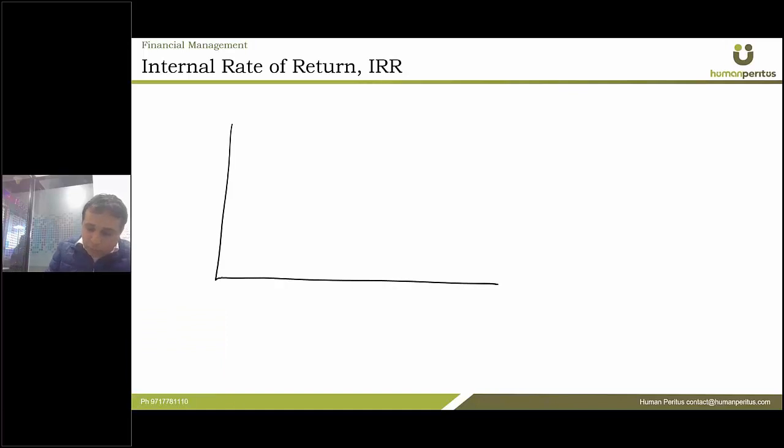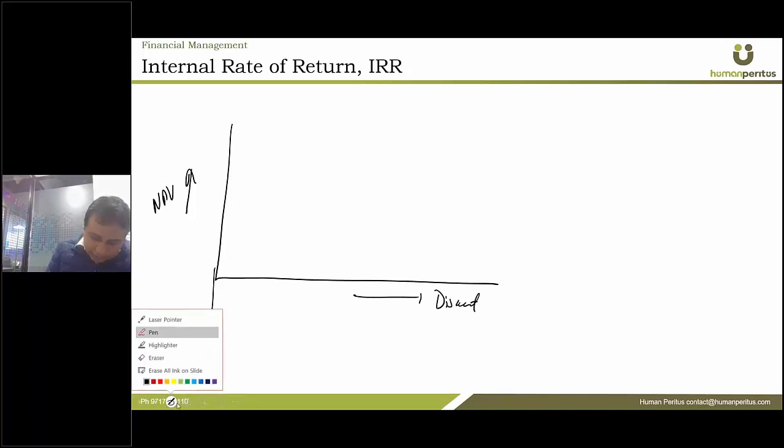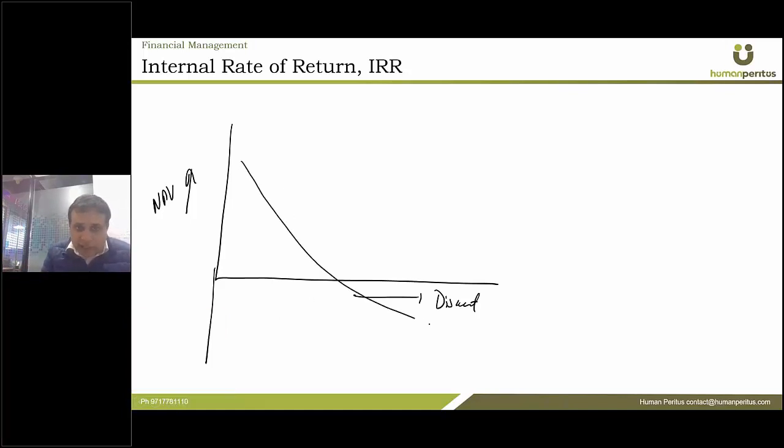So if we plot your NPV against discount rate, your NPV values will keep getting lower as your discount rate increases. So this point where your NPV is equal to 0, at this point your discount rate is nothing but IRR.